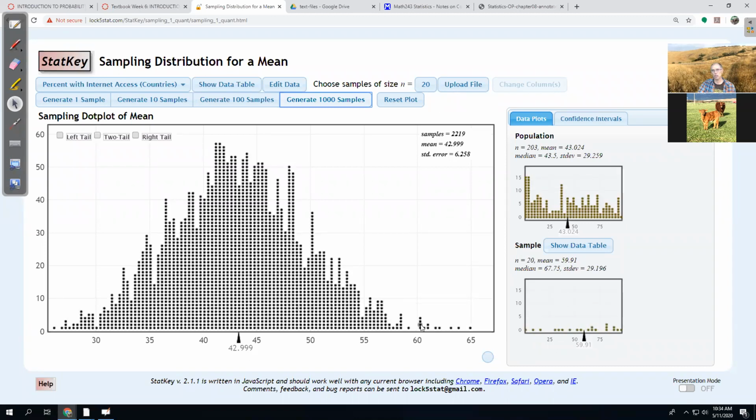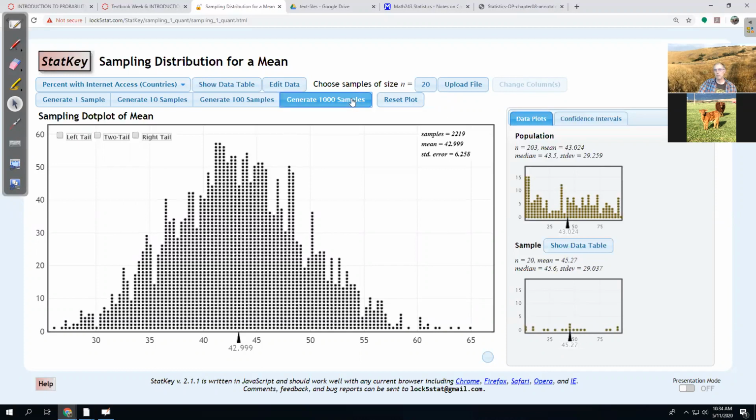So over here, I can see those guys, since they have a higher mean, have more countries with big numbers. And if I pick a sample over here, since that mean is low, they must have more countries with people with not a lot of internet access. And again, remember my data here is percent internet access in a given country. So percent of people in that country who have internet access.